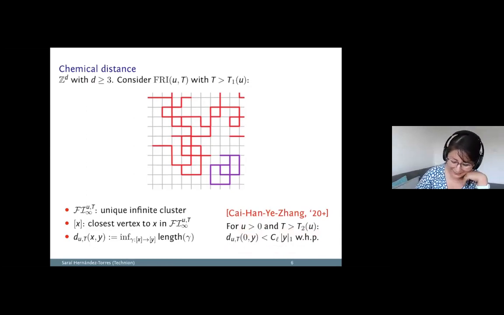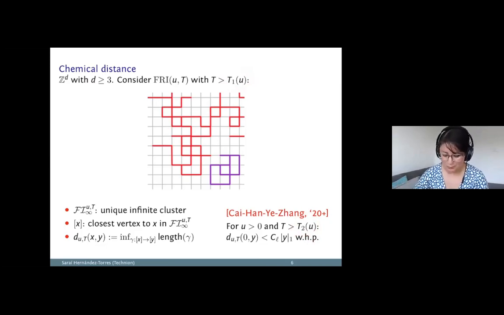Here I have T2 because T1 is the critical parameter for the existence of the connected component. So in a nicer world, a nicer theorem would be that this is just enough for T1. But we need more properties for our graph to guarantee this statement. And we'll see T2 again by the end of the talk.